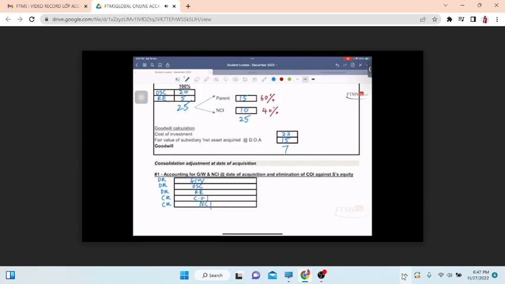Goodwill is 7, OSC is 20, retained earnings 5, COI 22, NCI 10.